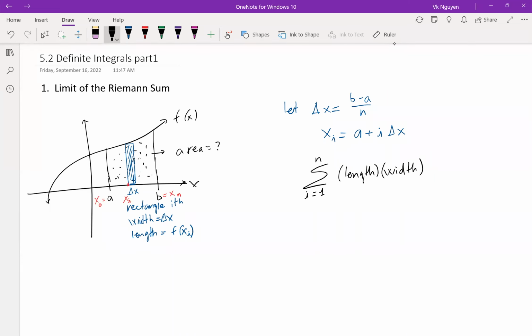And then in order to figure out the exact area, from the previous lesson, we have to take the limit and go to infinity. And this is the exact area. Pretty cool, huh?